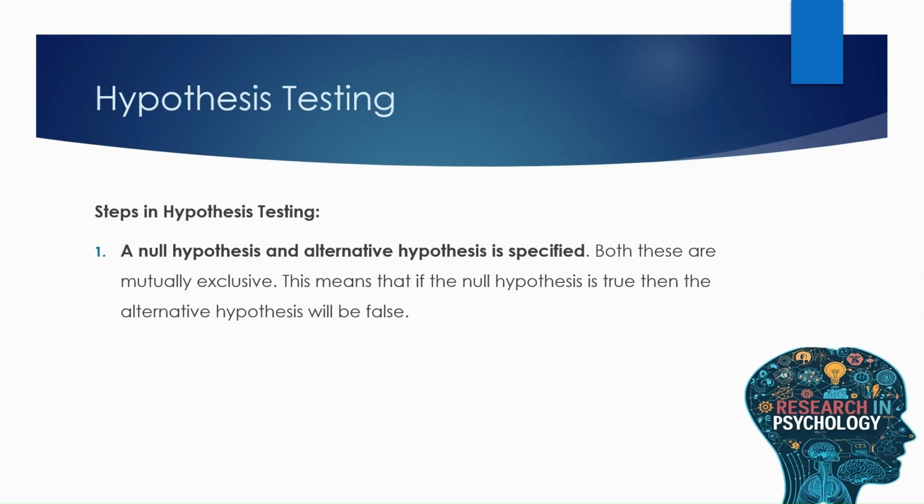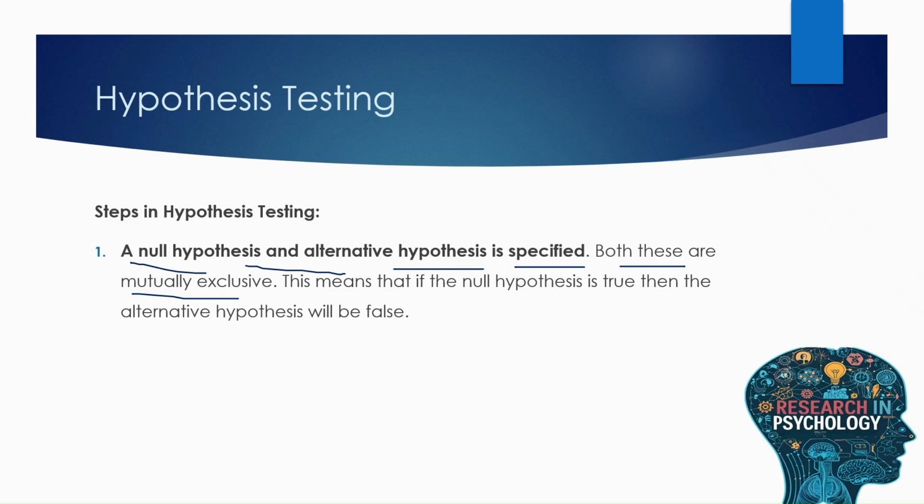All right. So the first step we all know is stating of hypothesis. A null hypothesis and an alternative hypothesis is specified. Both of these are mutually exclusive, which means both of them cannot exist together. If the null hypothesis is true, then the alternative hypothesis will be false. Both of them cannot be true, right?